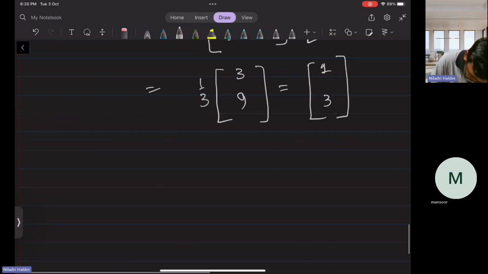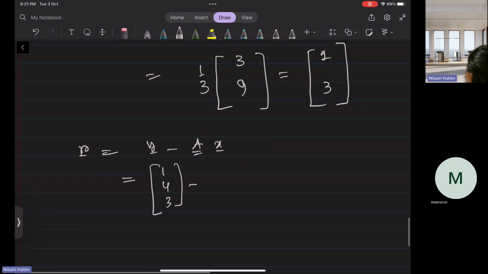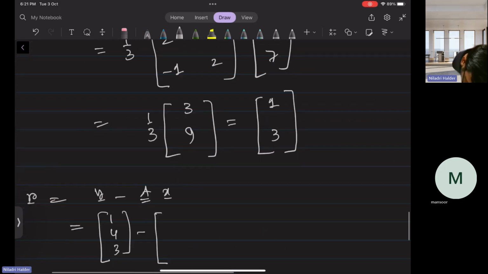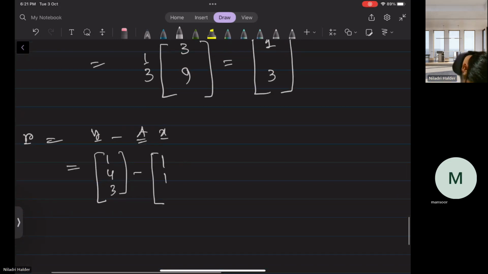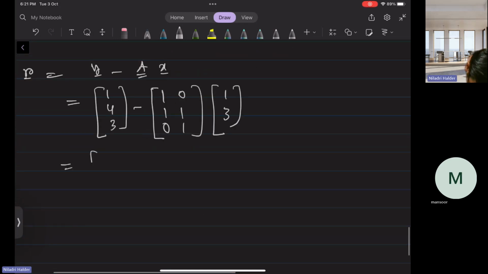And then what is the residue now? So residue is equal to y minus A x. So equal to y, which was 1 4 3, and A is 1 1 0 0 1 1, so 1 1 0 times x, 1 3, is equal to 1 4 3 minus.